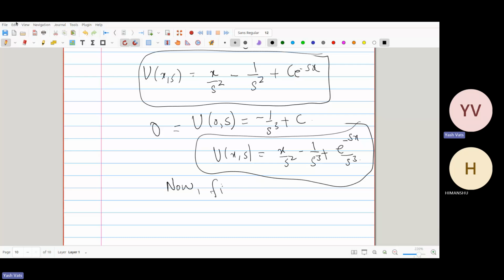I just write here: find the inverse Laplace transform of the above equation for now. Okay, just try to find that.